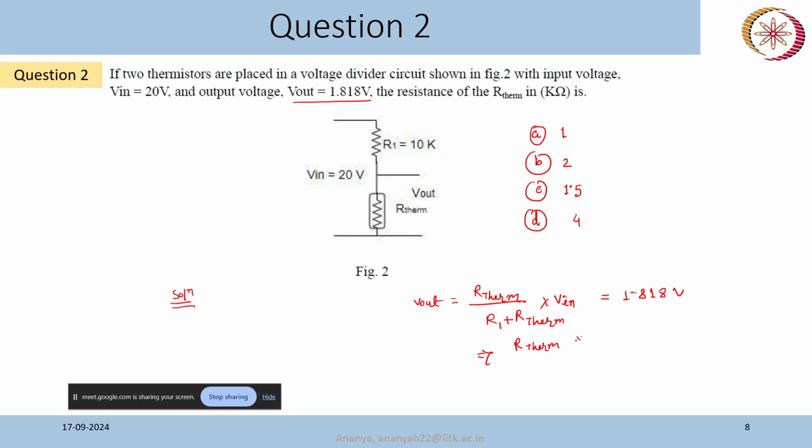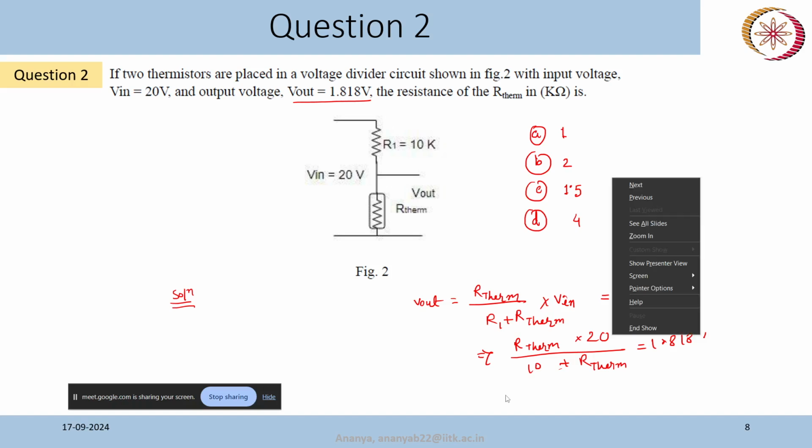V in is 20, R1 is 10 kilo ohm. So 20 times R thermistor over 10 kilo ohm plus R thermistor is equal to 1.818 volt.